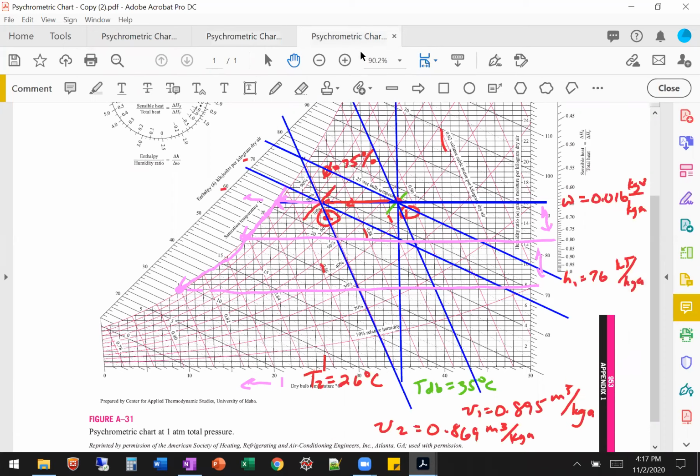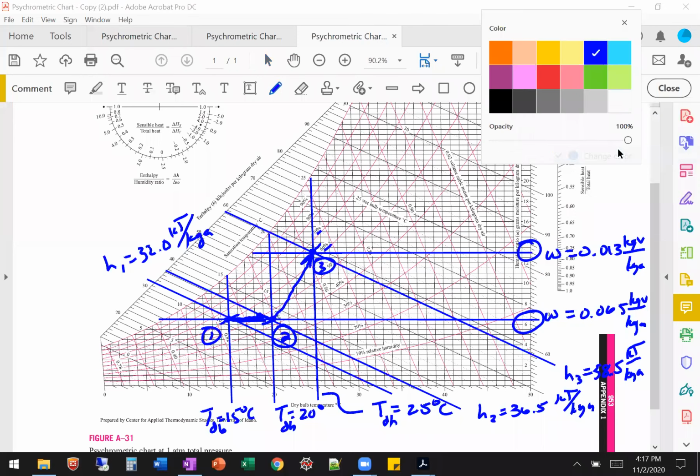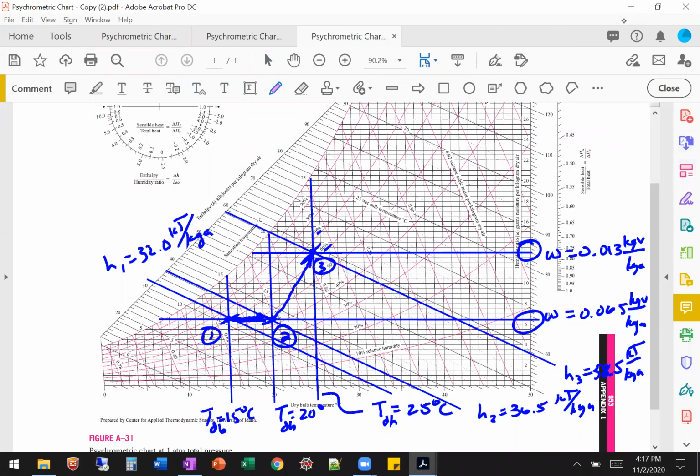In this one, we're heating, so we went from left to right. Then we humidified, so we jumped up in specific humidity because we added water.